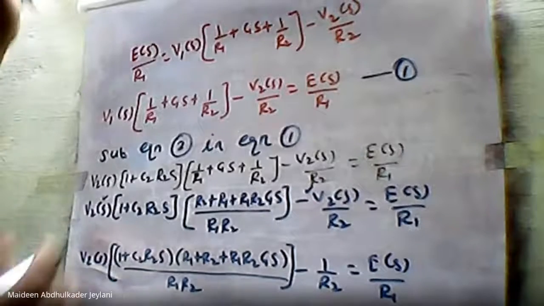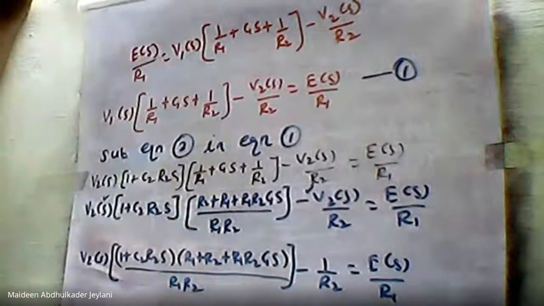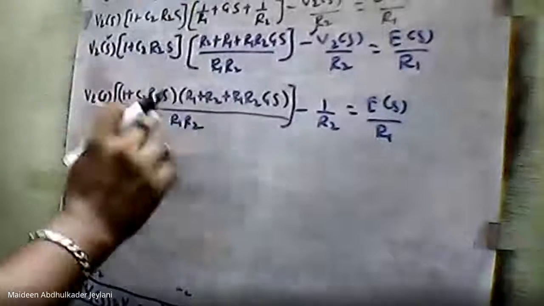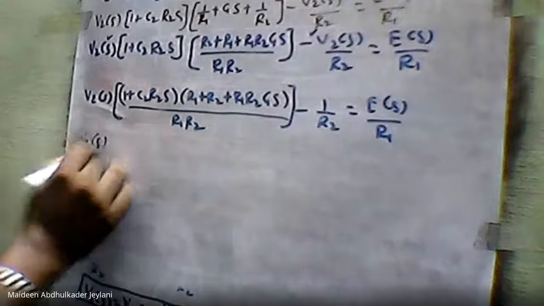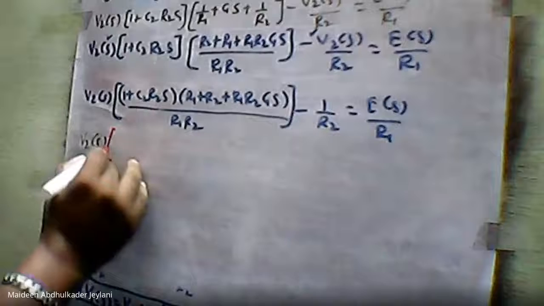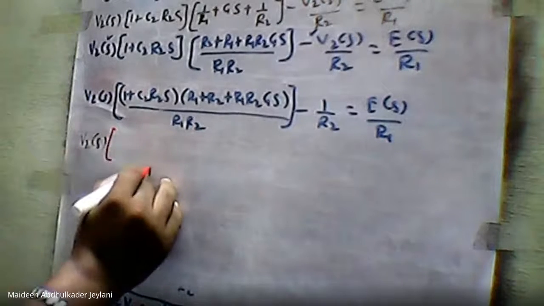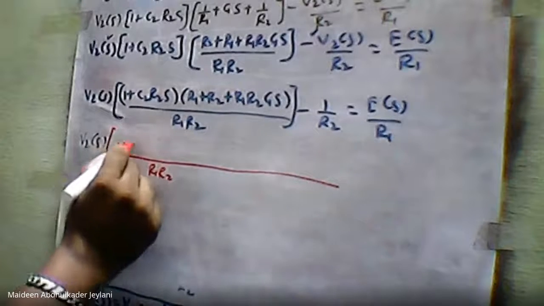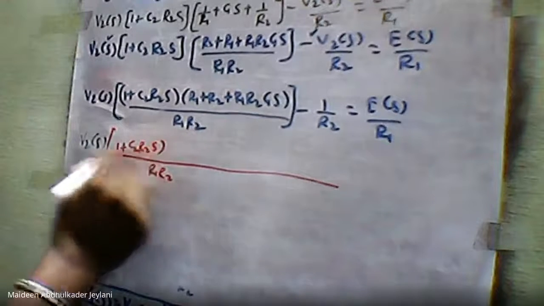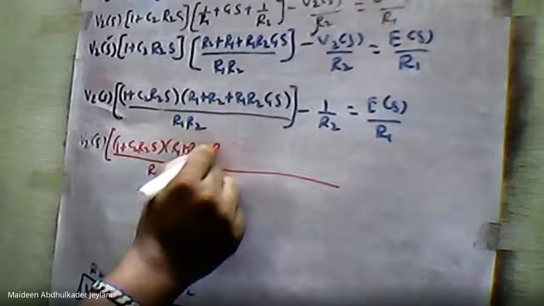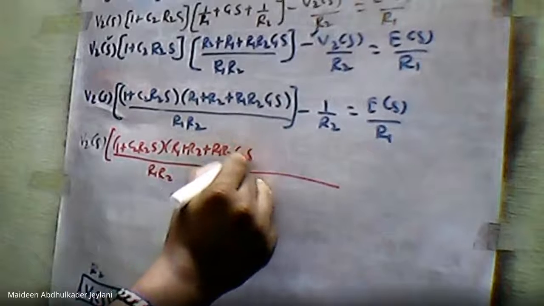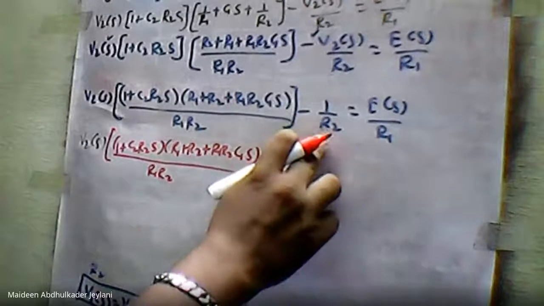Clear? So if you take the whole LCM, again further simplify this term, V2 of S, okay, R1 R2 as a whole common term, 1 plus C2 R2 into S, again R1 plus R2 plus R1 R2 C1 into S minus R2 get cancelled.